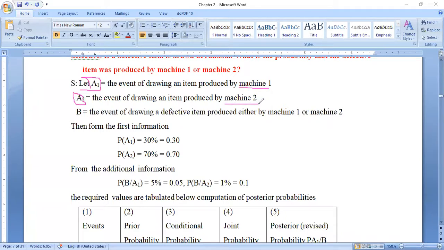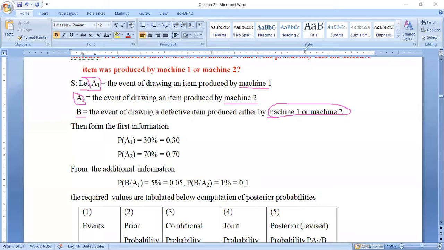The next one, B indicates the event of drawing a defective item produced by either machine 1 or machine 2. B indicates the defective items.